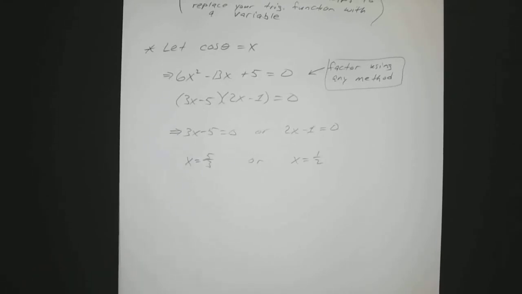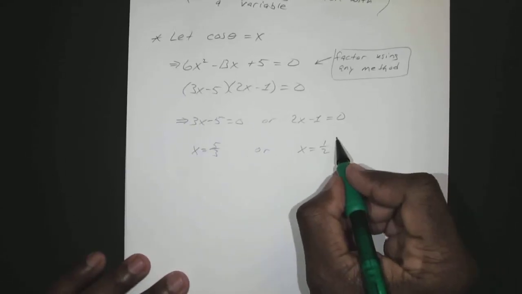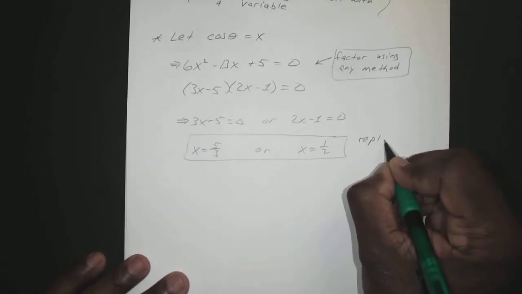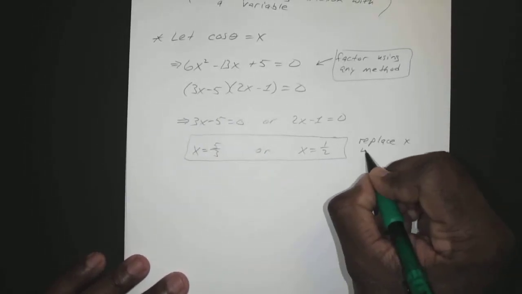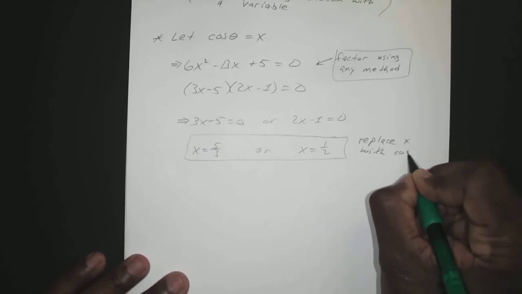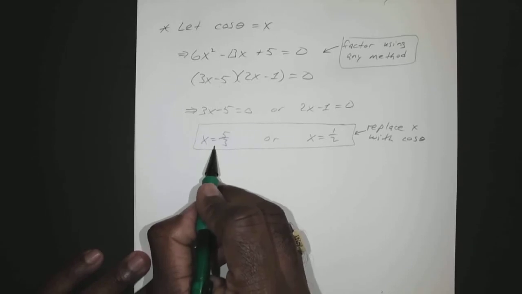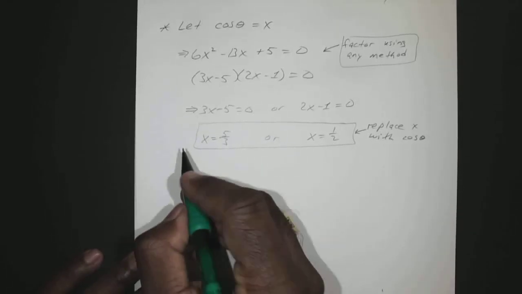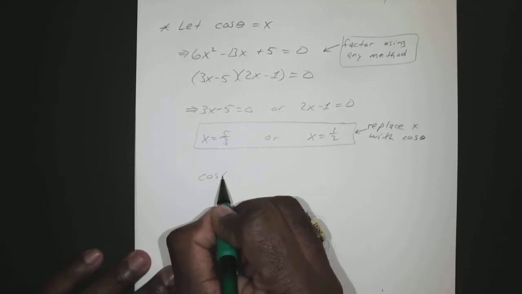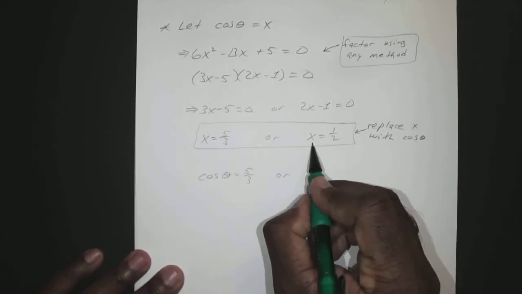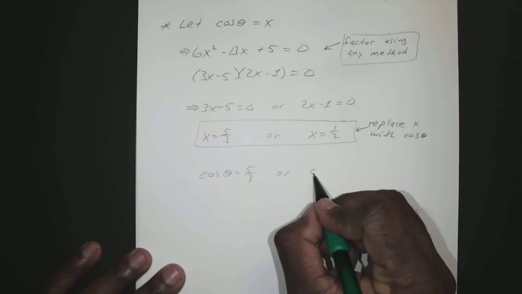Okay. Now, once we solve for our x, now we plug back in our cosine of theta. Replace x with cosine of theta. So that gives us cosine of theta equals 5 over 3, or cosine of theta equals 1/2.